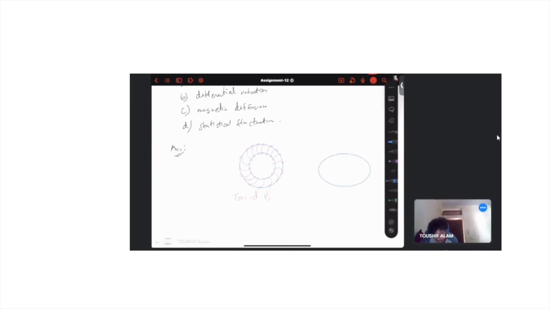If I draw, so suppose this is a toroid, so it acts in this direction, it acts towards the poles, unlike toroidal, okay, poloidal B, unlike toroidal, but toroidal actually acts like this.